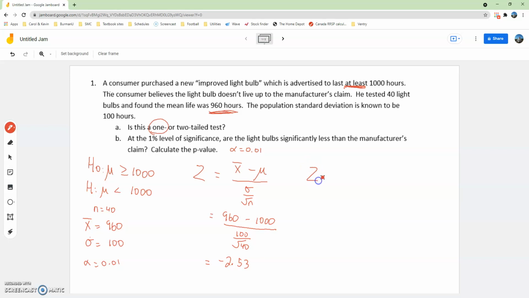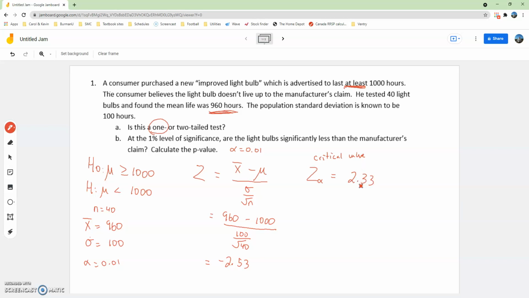Next thing we'll need to do is find, or remember what this value is, Z alpha. This is the critical value, that threshold value, the value we're going to compare our test statistic to. Z alpha, if alpha is 1%, is 2.33.